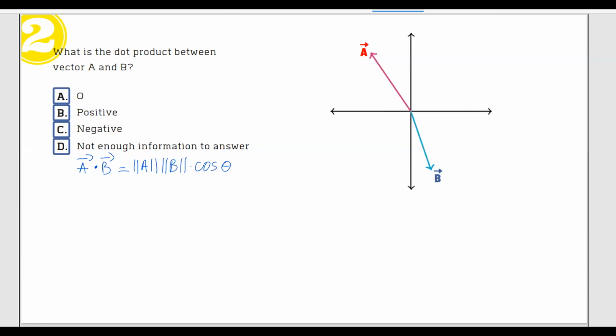Again, we don't have any information on the vectors, but we know the magnitudes. I can assume, let's say, that the magnitude of A is equal to 3, and the magnitude of B equals 4.